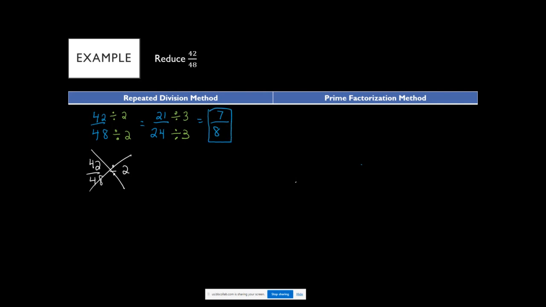This is called repeated division, because you're continually dividing numbers out until you can't anymore. If I had divided this by 6, it would have been a one-step process, because I would have gotten straight to 7 over 8. Or you can divide by 2 and then by 3, which is the same thing as dividing by 6, because 2 times 3 is 6.